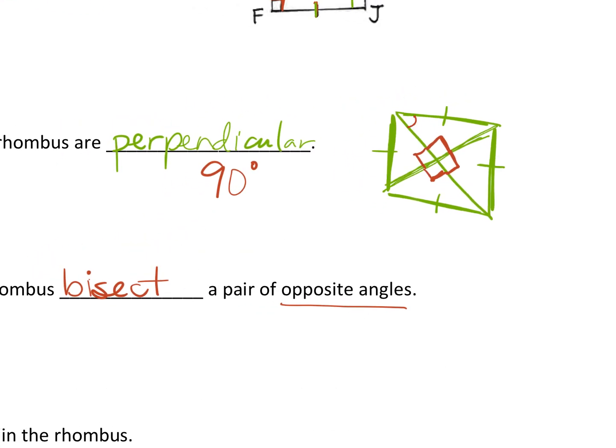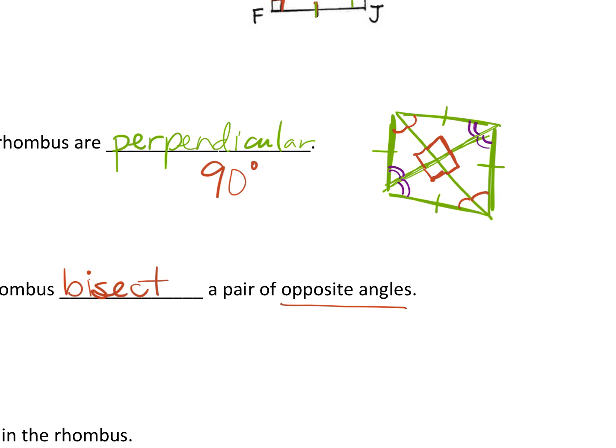It means this angle and this angle and this angle and that angle are all congruent in every single rhombus. Okay, it also means that this angle is congruent to that angle, which is congruent to that angle, which is congruent to that angle. So it's bisecting. It's cutting those angles into equal parts. It's not a kite. It's a rhombus.